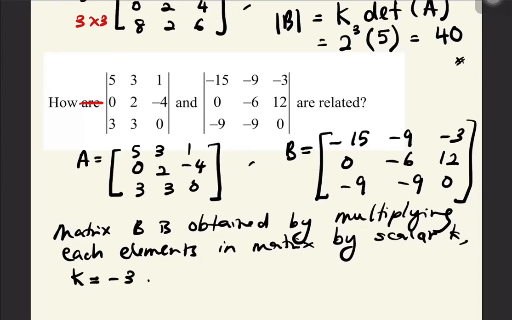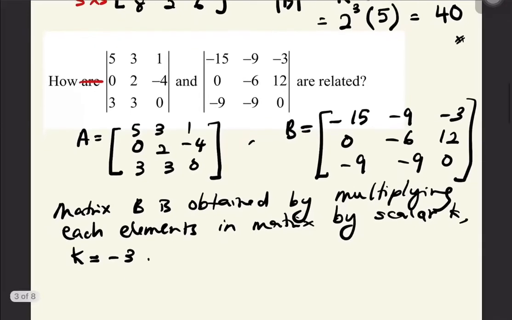So you will have 5 multiplied by negative 3, you have negative 15. 3 multiplied by negative 3 is equal to negative 9. And so on and so forth until the last one, 0 multiplied by negative 3 will be 0.